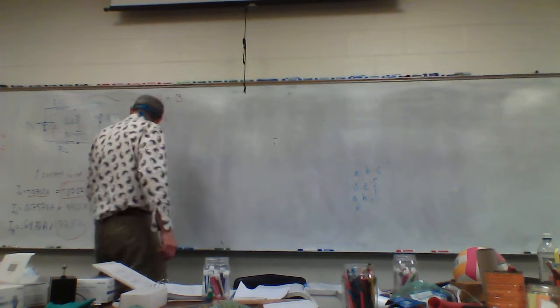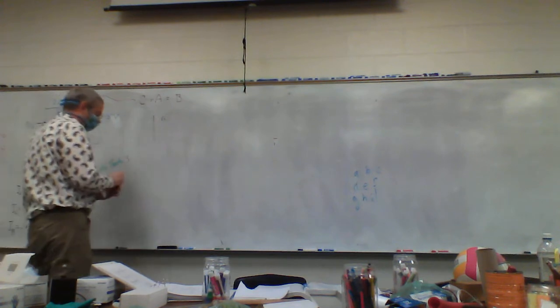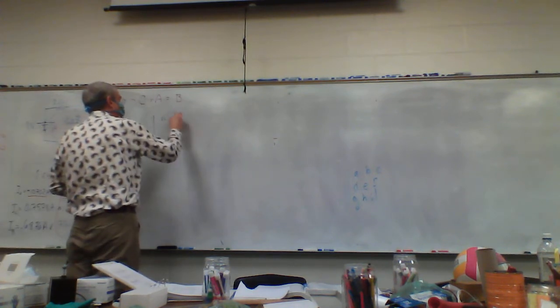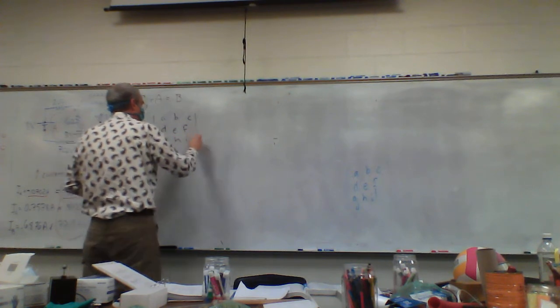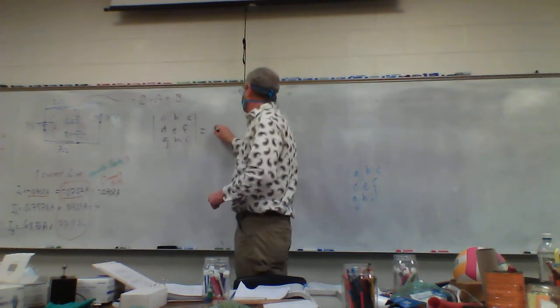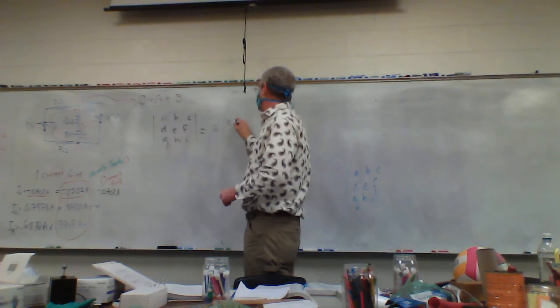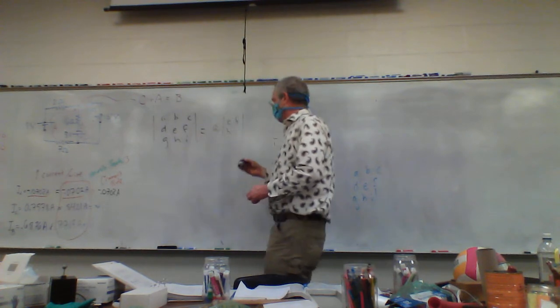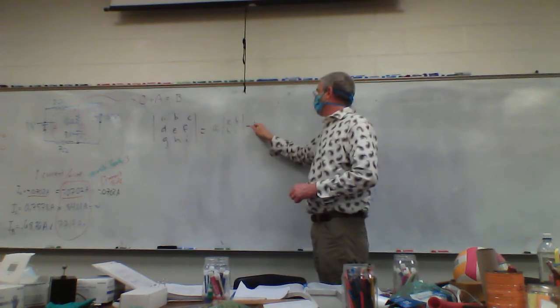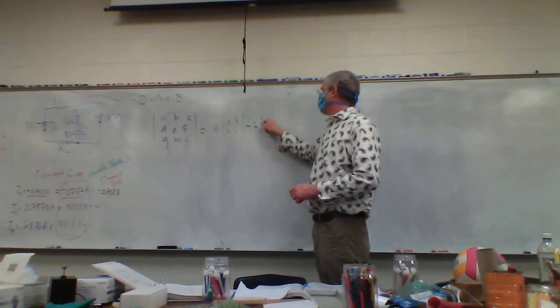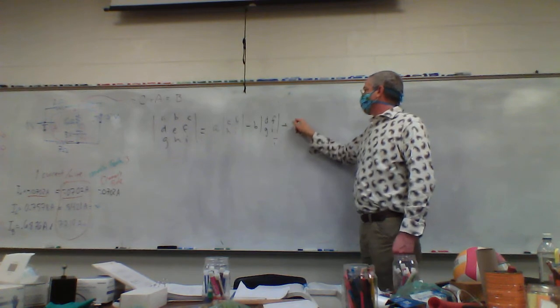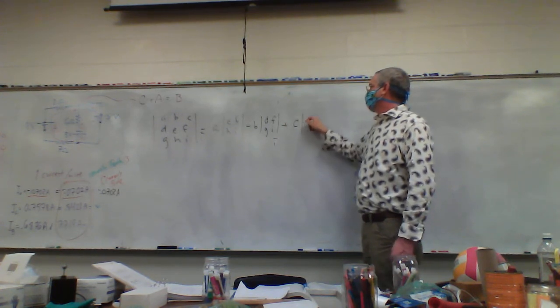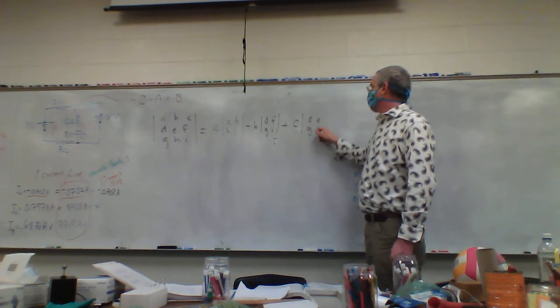All right, so that's going to be A times what's left over, which is E, F, H, I, minus B times D, F, G, I, plus C, D, E, G, H.